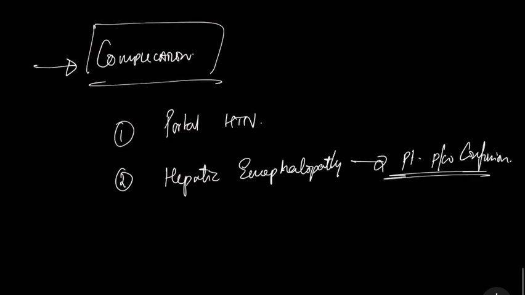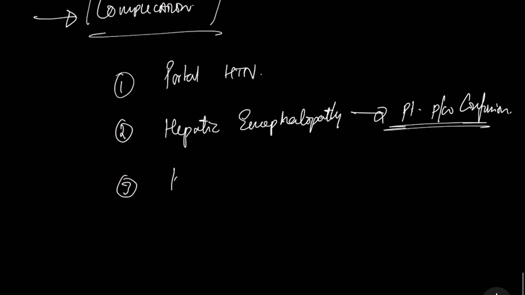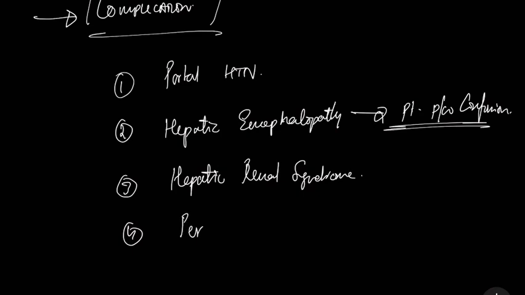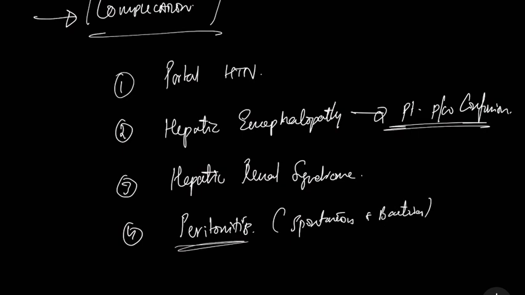All right. Thirdly, there is your hepatic renal syndrome. And lastly, there is a spontaneous bacterial peritonitis. All right. It's peritonitis, but to be more specific, it is spontaneous and bacterial. All right.